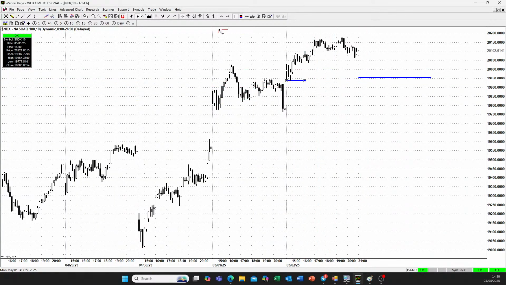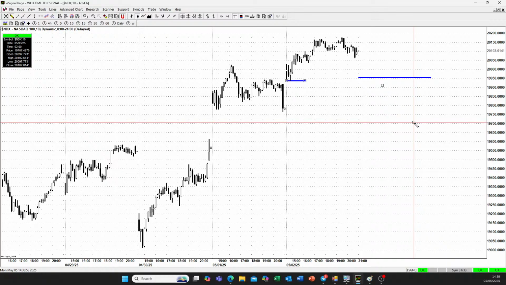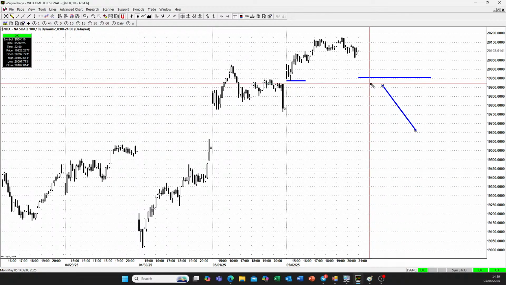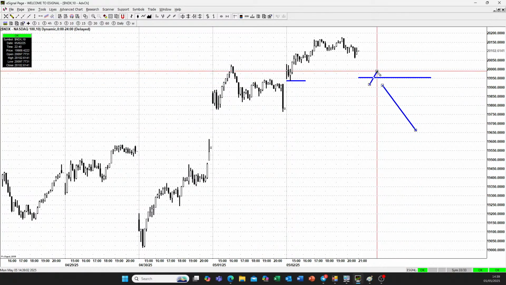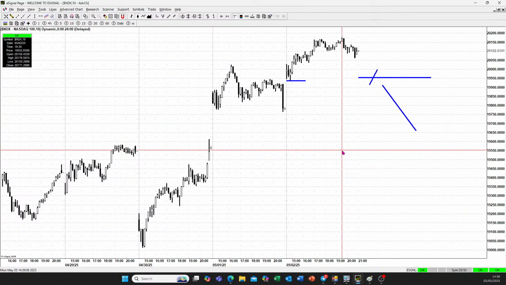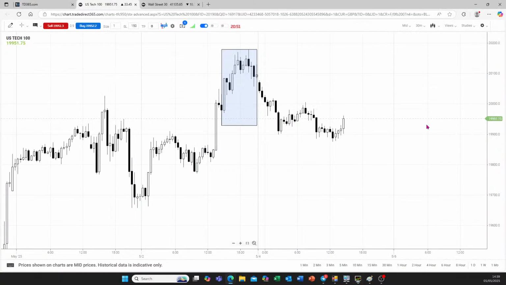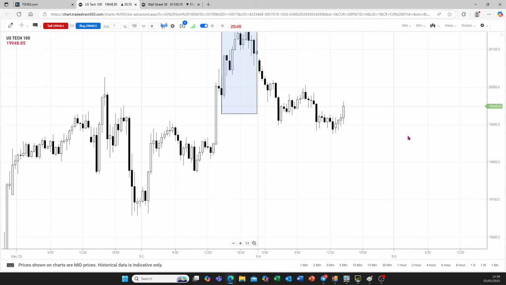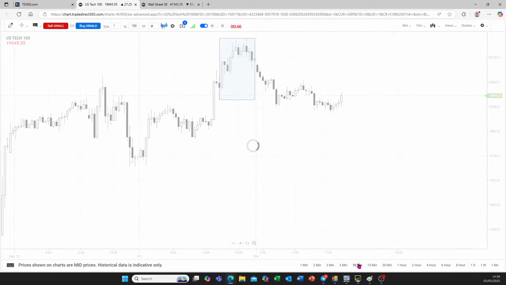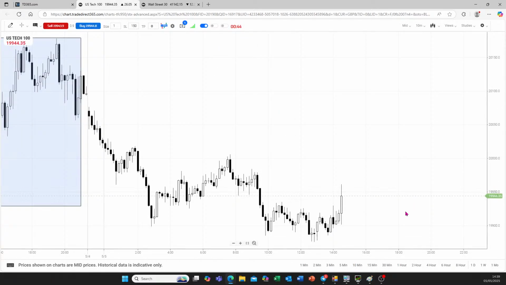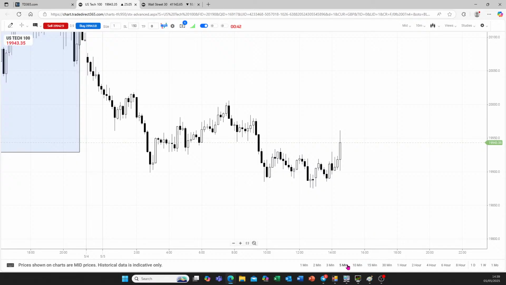So what I would normally expect to see when a market opens gap down and it opens below the low of the previous day's range would be more downside. However, when the market immediately begins to rally into the trading range, whether you like it or not, statistically, this rally that you're seeing here in the Nasdaq will fail.